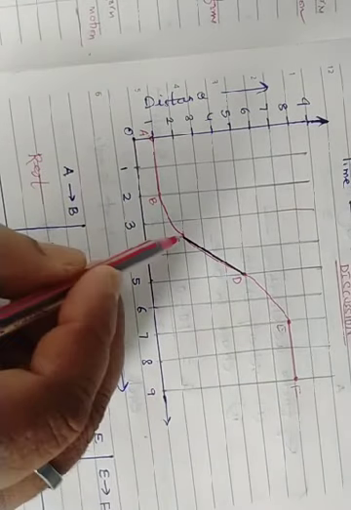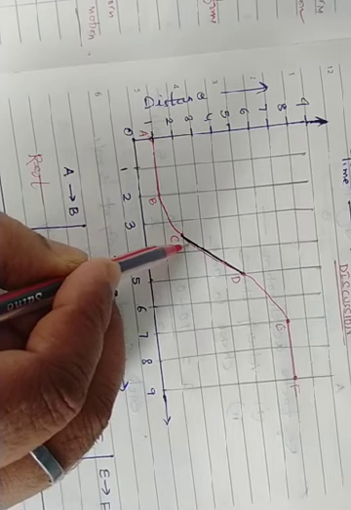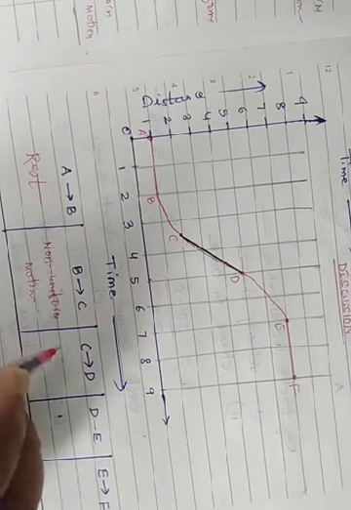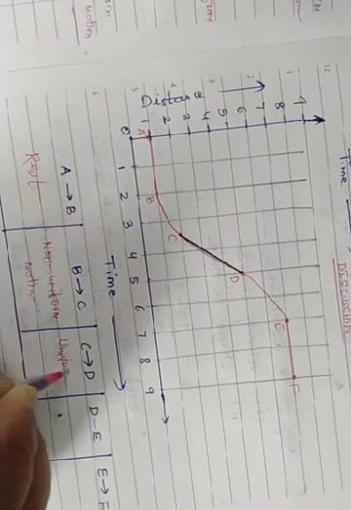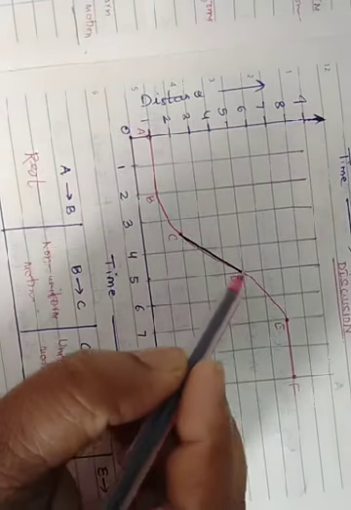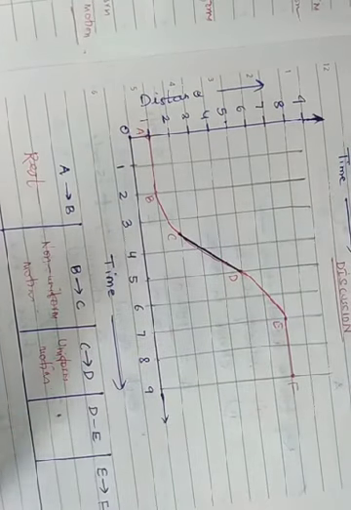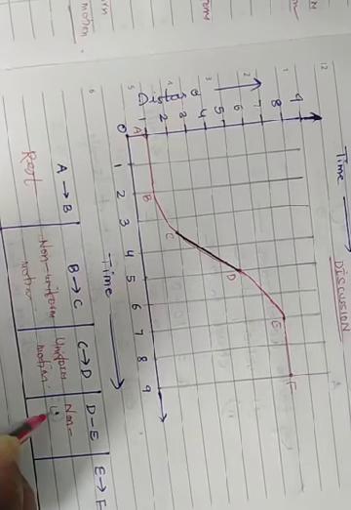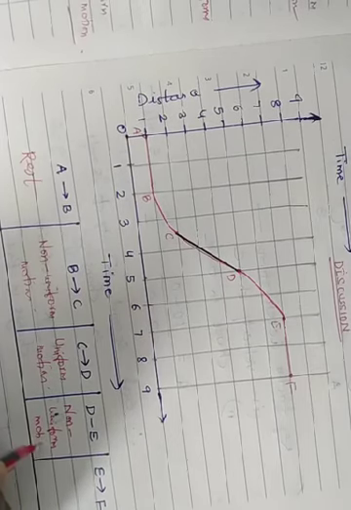In which condition do we get a straight line? We will say that it must be uniform motion. So this is uniform motion. Now D to E, again, can you see, this is a curved line. So D to E is non-uniform motion.